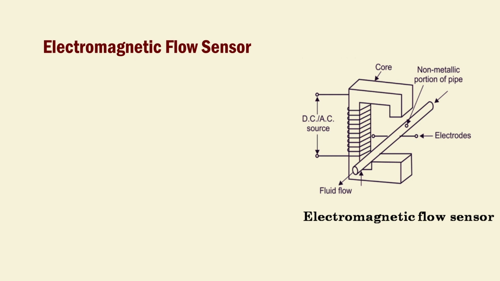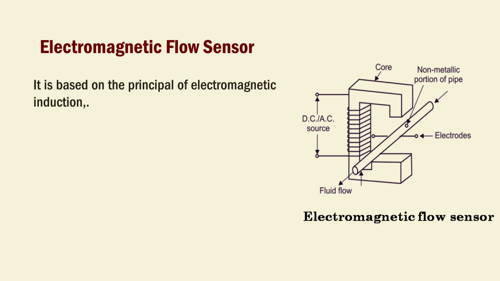The electromagnetic flow sensor is based on the principle of electromagnetic induction, that when an electric conductor moves through a magnetic field, it induces voltage EMF across the conductor.